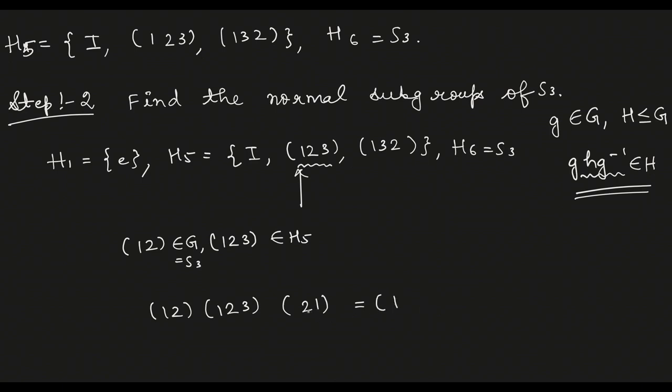Here 1 goes to 2, 2 goes to 3 and 3 goes to 3. Here 3 goes to 3, 3 goes to 1 and 1 goes to 2. Here 2 goes to 1, 1 goes to 2 and 2 goes to 1. So we get (1 3 2), which belongs to H5. Similarly, I can check the other elements also. So these three are normal subgroups.